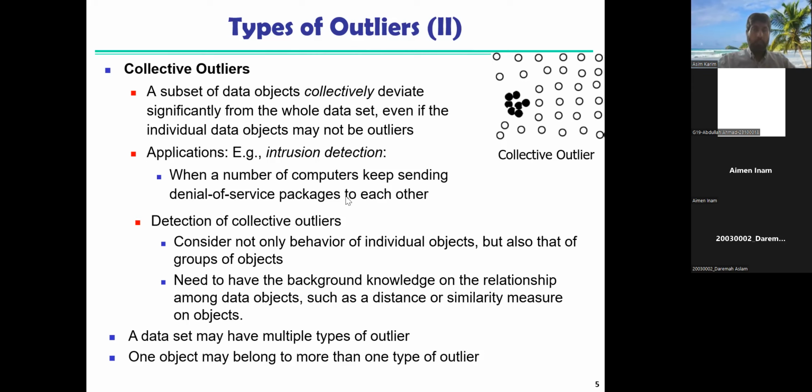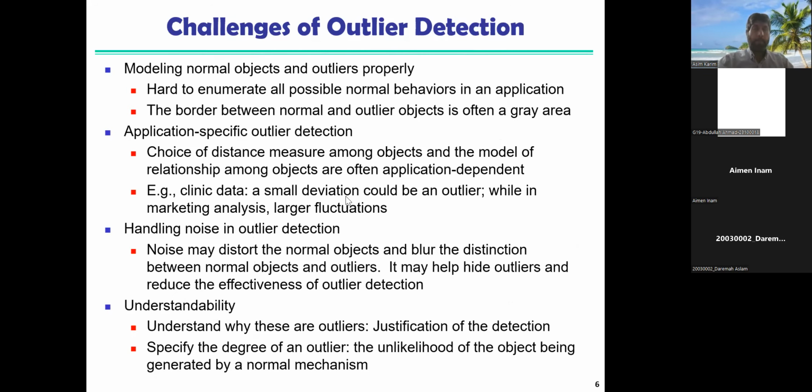Then let's look at the techniques for outlier detection. Let's quickly go over this slide as well. Challenges: we have already discussed this before. How do you model normal data, and how do you quantify significant deviation?